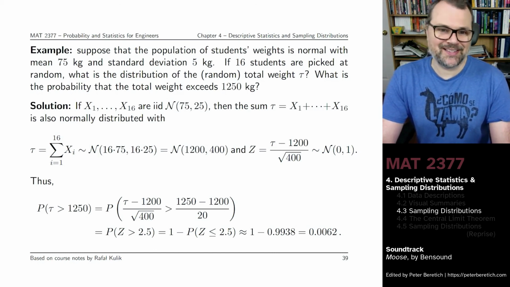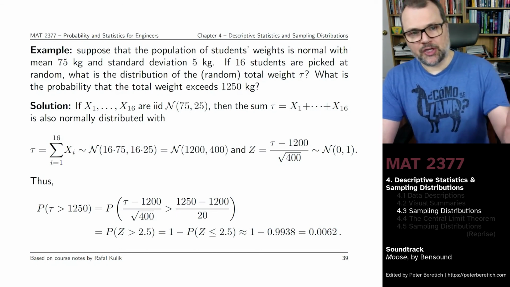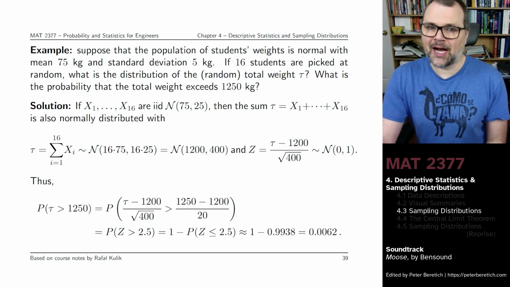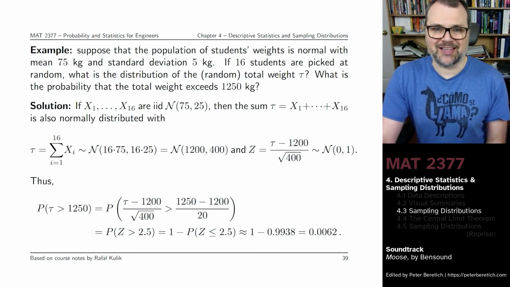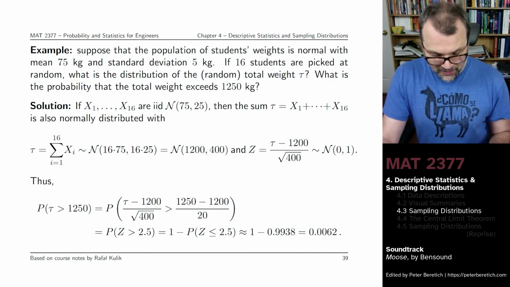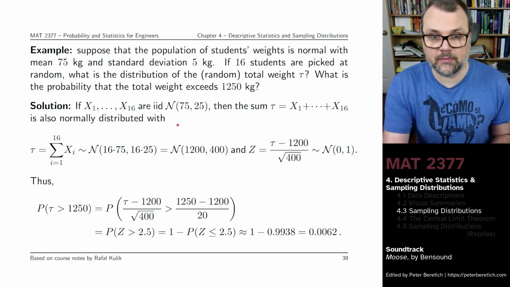So you pick 16 students. The measurements will be X_1, X_2, X_3, all the way up to X_16. They are IID and follow a normal distribution with mean 75 kilograms and variance 25. Remember, standard deviation is 5, and variance is the square of that. So here we have a mu and a sigma squared.